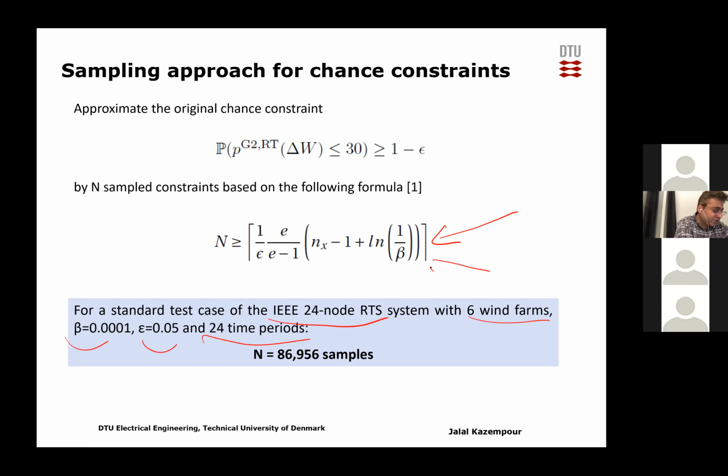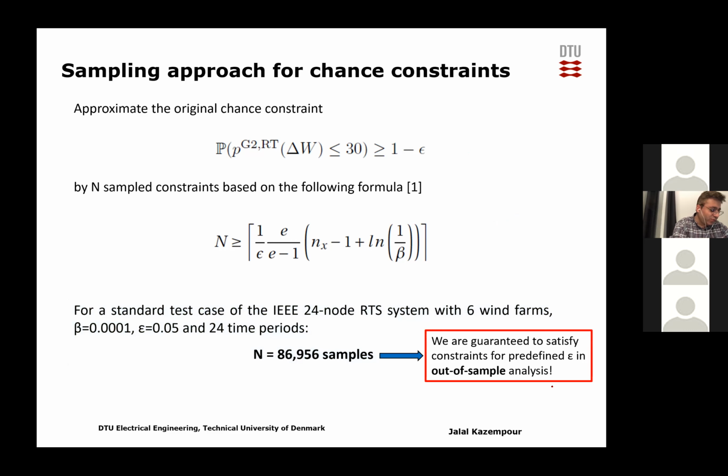If you plug these into this equation, you will see that we need almost 87,000 samples. Last lecture, we solved a scenario-based stochastic program with 4 scenarios. Here, to represent our chance constraints with these numbers, we need 87,000 samples generated from the given probability distribution. It's a huge number.